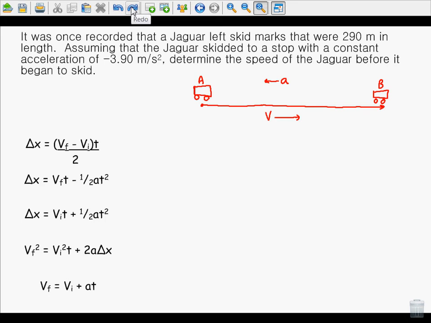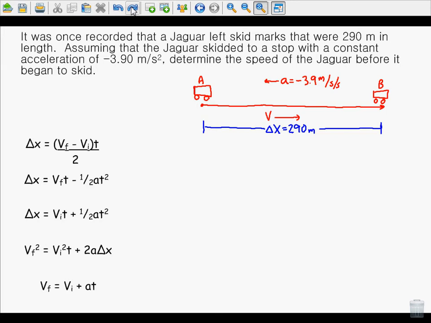Now, what else do we know about this problem? We know that the acceleration is negative 3.9 meters per second squared. So basically what that means is that every second that goes by, my velocity is decreasing by about 4 meters a second. I also know that the distance that it took to go from point A to point B, so its displacement, is going to be 290 meters.